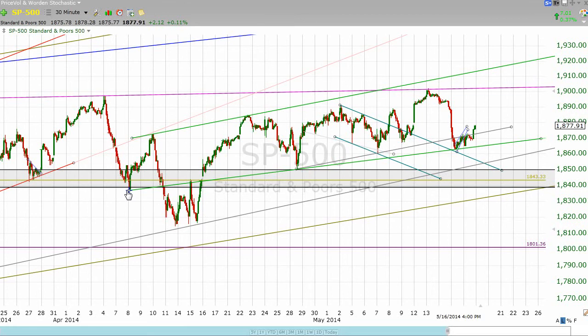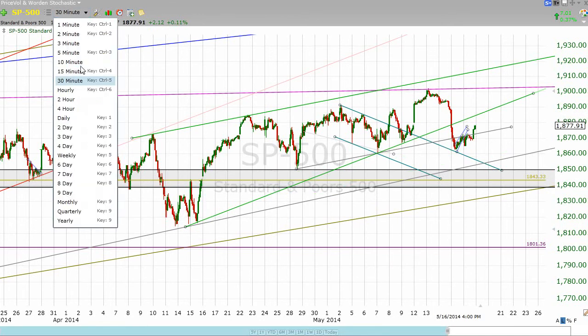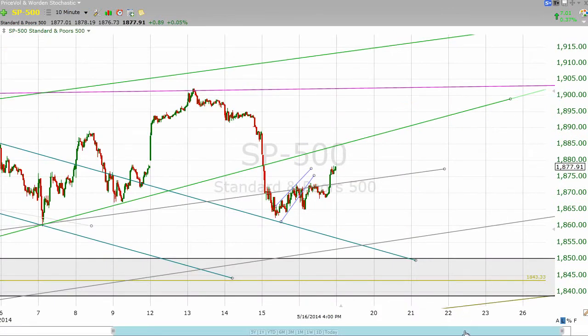At least not yet. So, let's take a look at the week a little bit closer in detail after I adjust this line. I'm going to put this line back where it was. I'm sticking with that for now, because that makes a little bit more sense than ignoring this bottom in the middle of April. So let's zip in a little bit to 10 minutes.